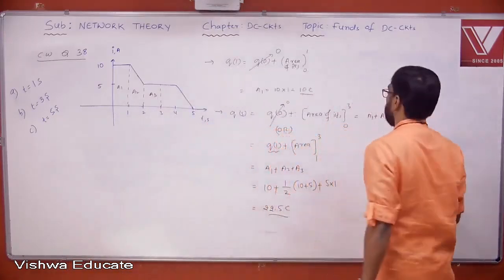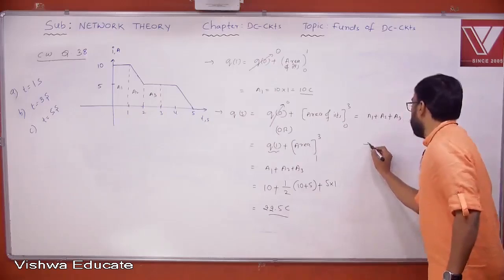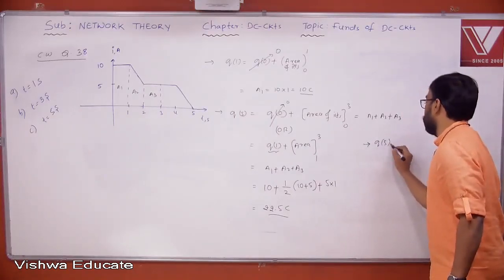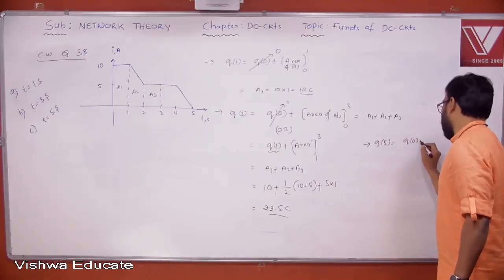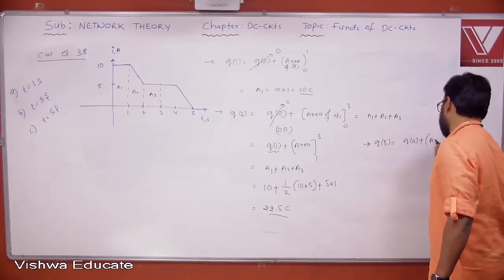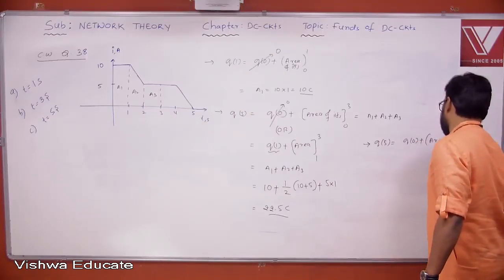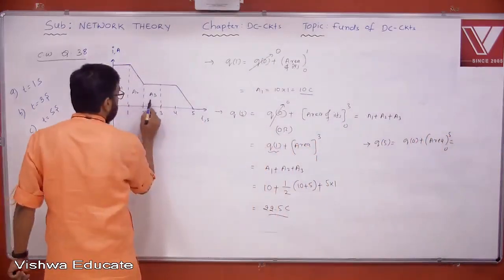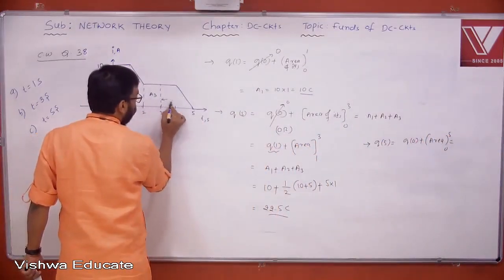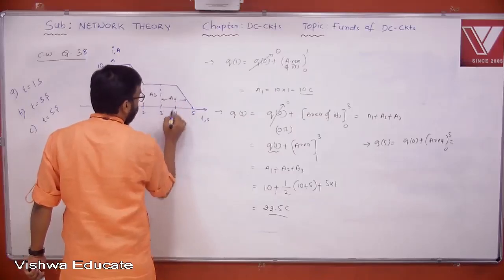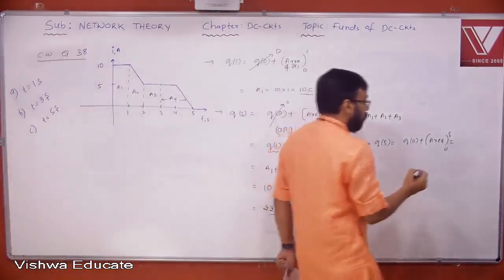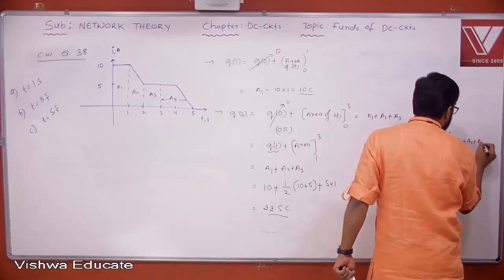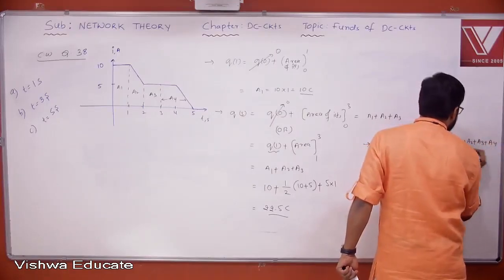Okay, now another one. Q of 5. Q of 0 plus area under 0 to 5. That's nothing but area 1 plus area 2 plus area 3, plus area 4, the total.